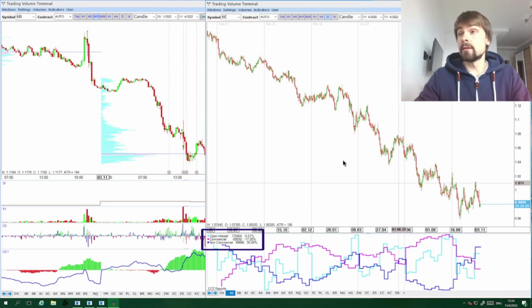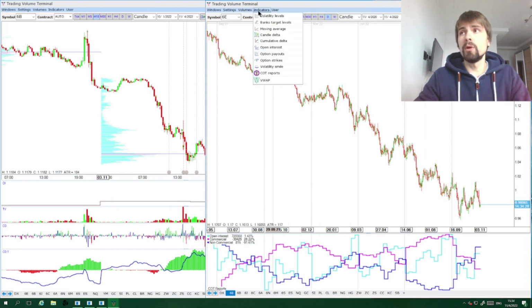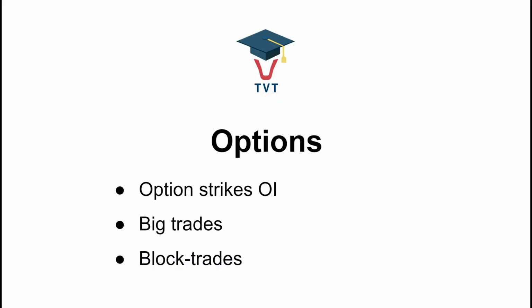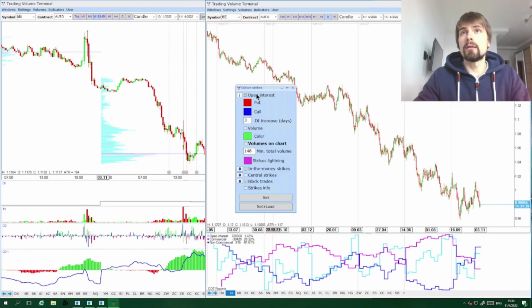The next thing, which is the most important, we put here option strikes. We click open interest increase 3 days, volume, and also we click volume on chart.